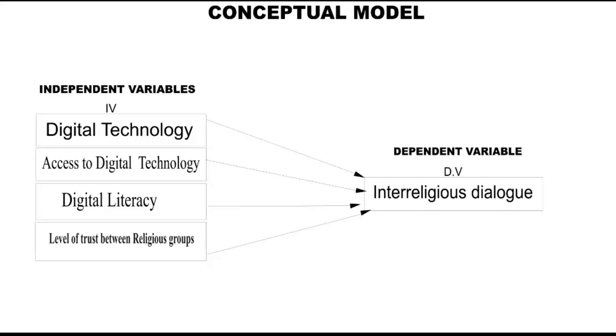But because we want to check multiple linear regression, we have to bring in other independent variables. So we added 3 independent variables to the existing one, which has made it 4. Then we also have the dependent variable.